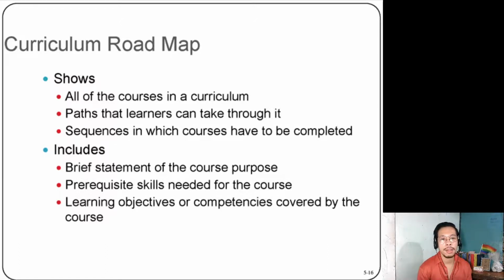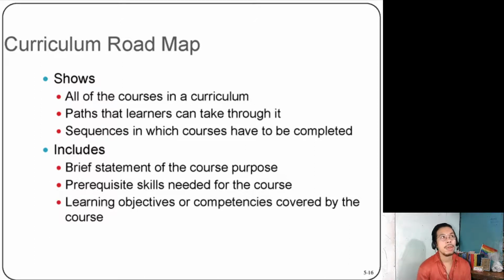It also shows the paths that learners can take through the sequences in which courses have been completed. So this is referring to the courses that have prerequisites or levels before you can take that specific course. For example, in the context of training and development, I think you cannot take this if you have not taken human behavior and organization and other related IO psychology subjects.